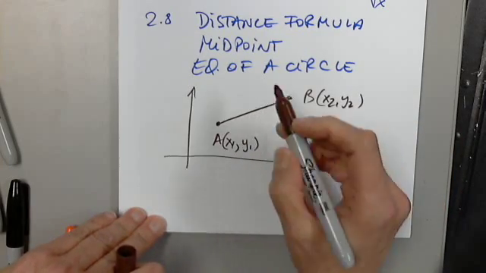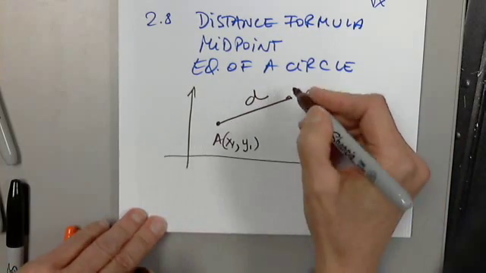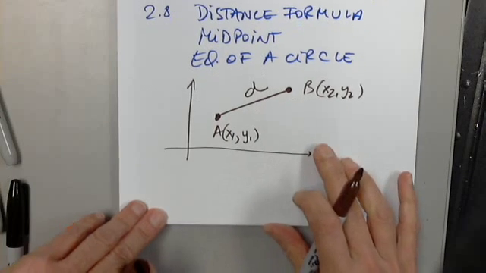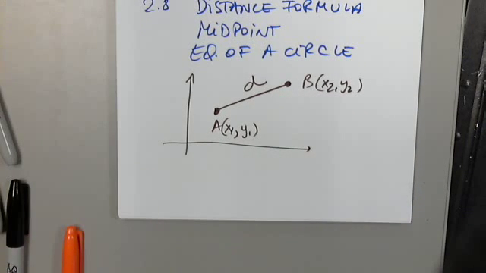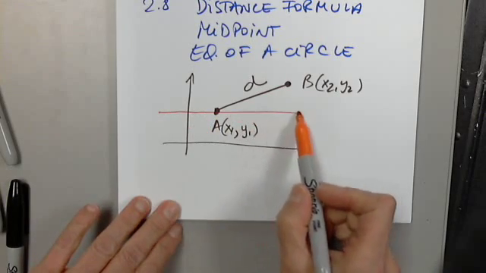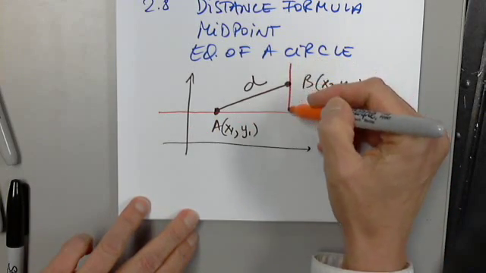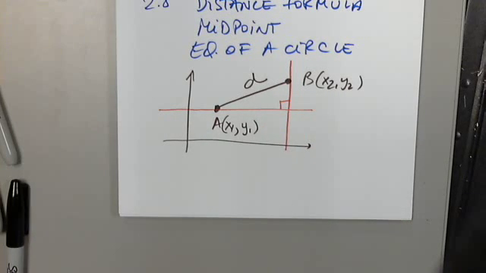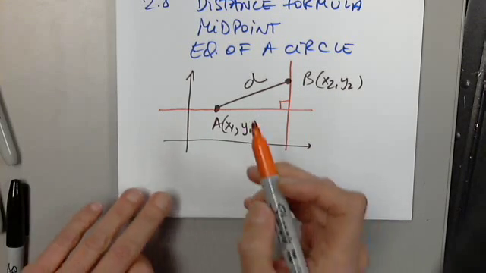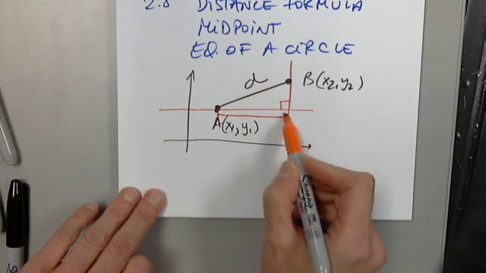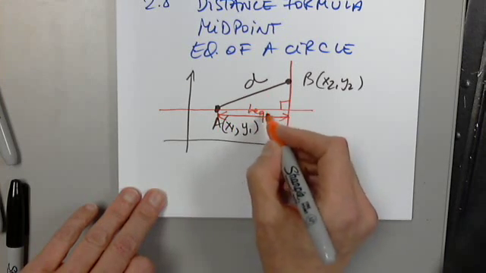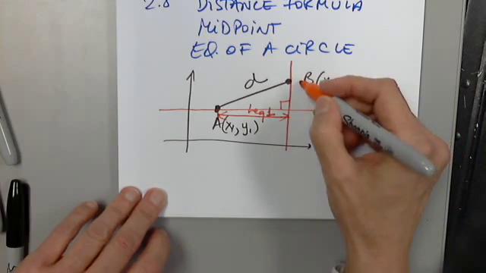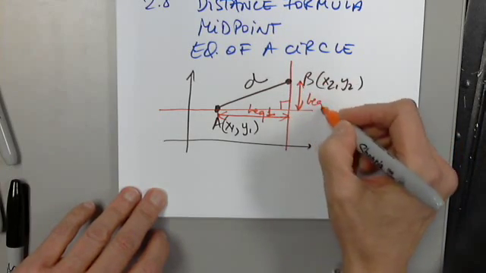And this will be the distance or the length of the line segment between those two. We are going to create a right triangle with a horizontal line passing through A and a vertical line passing through B. So these are perpendicular. And I'm going to call this distance leg 1, and this distance leg 2.